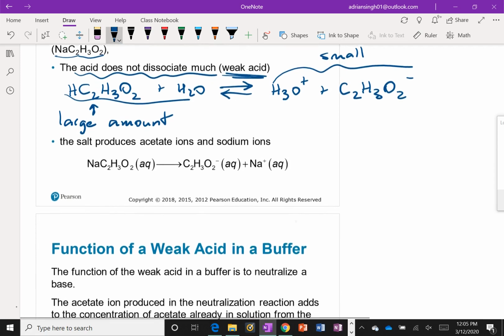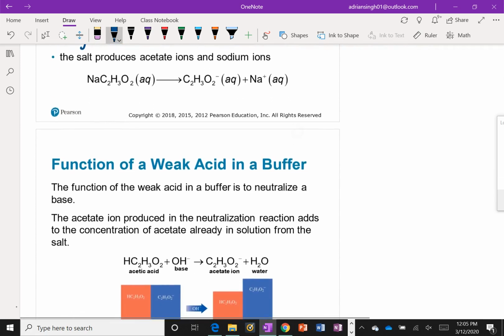The salt, the other component of the buffer, such as sodium acetate, this breaks apart completely, as salts typically do. So complete dissociation. So we're going to have lots of the conjugate base in solution.